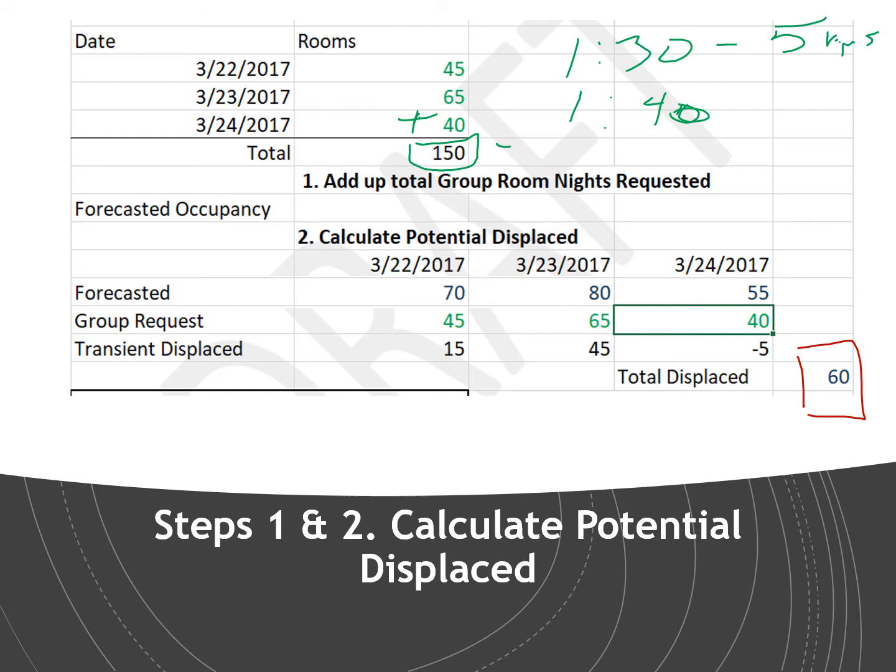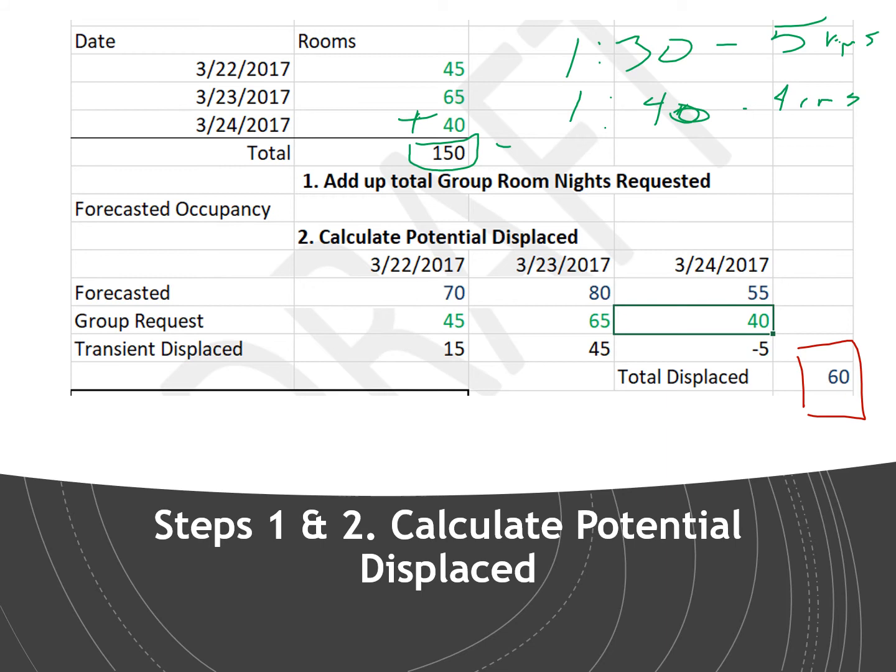And if we had 40, then we would actually have only 4 rooms. Okay, so that helps our sales team determine what our complimentary rate is going to be. Okay, then we actually calculate what our potential displaced is going to be.